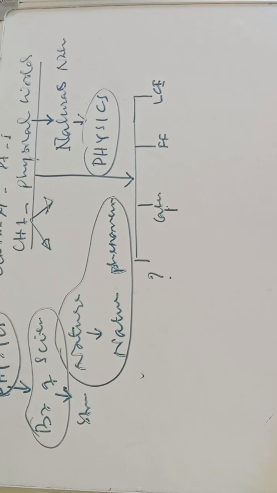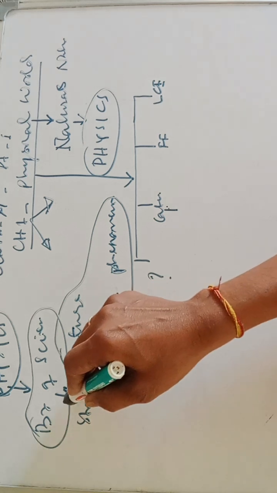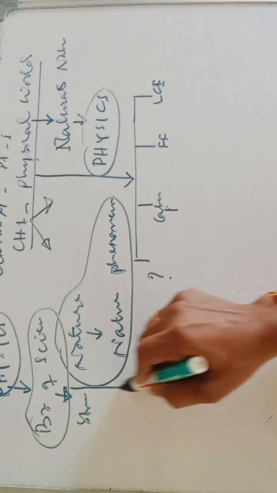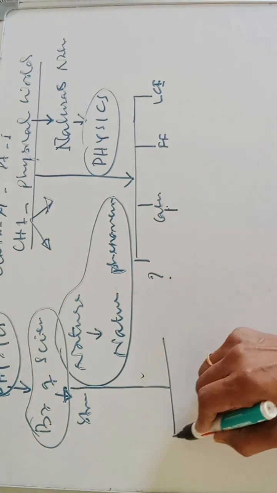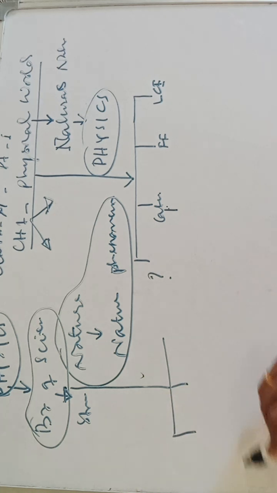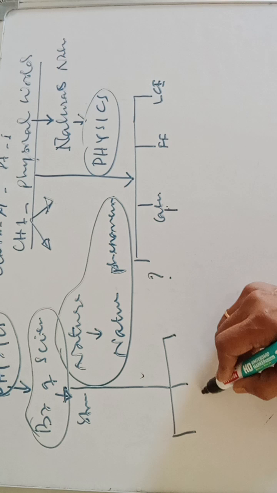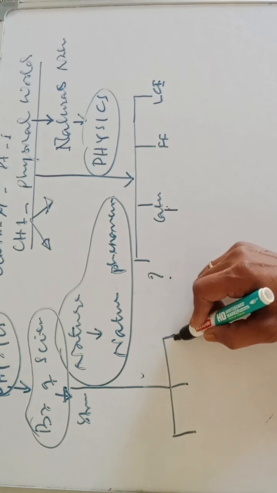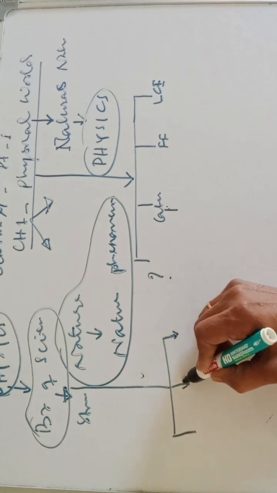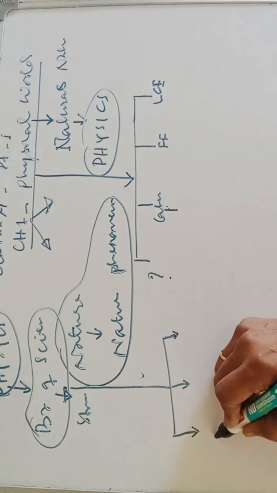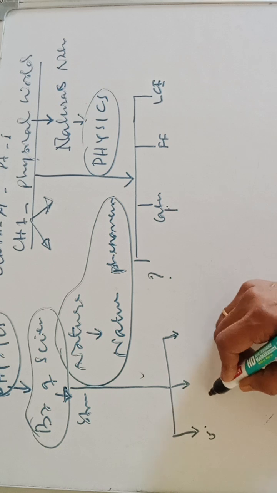Science is the study of any subject to gain knowledge in depth using the scientific method. The scientific method is observation, experiment, and mathematical equation. This observation is continual observation.